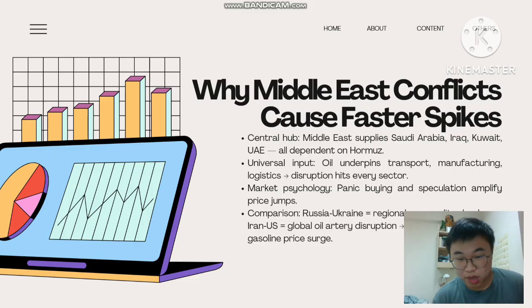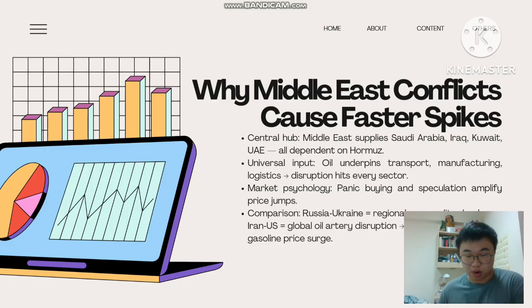We can always see that the Middle East is the central hub to supply oil. For example, Saudi Arabia, Iraq, Kuwait, UAE, these are very oil-rich nations. As a universal input, oil underpins transport, manufacturing, and logistics.